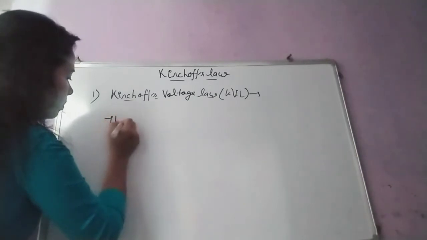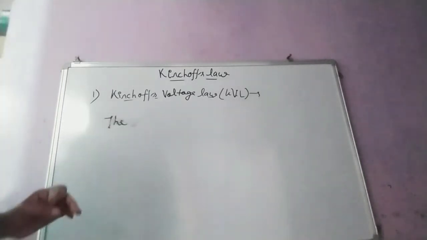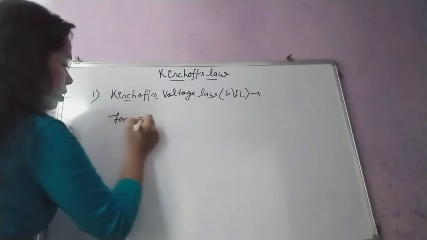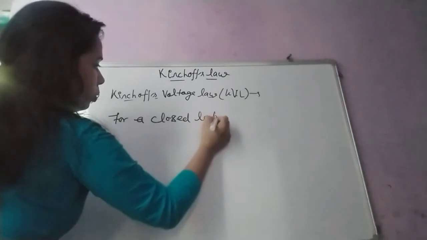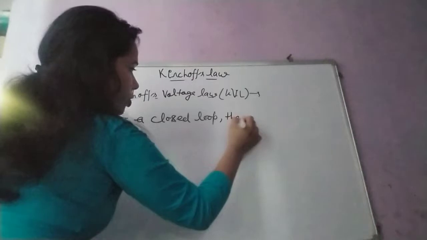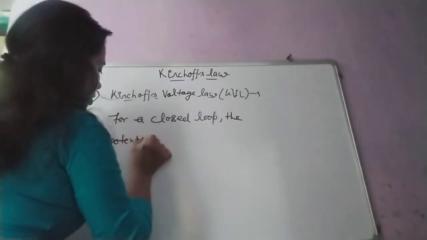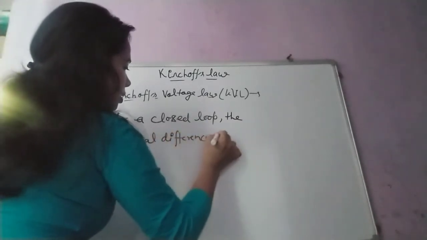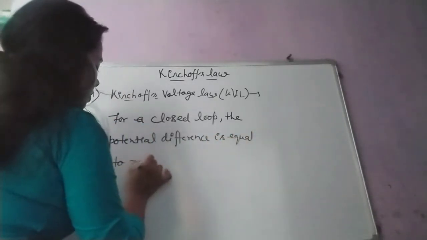the sum, first of all you write, for a closed loop, the potential difference is equal to 0.